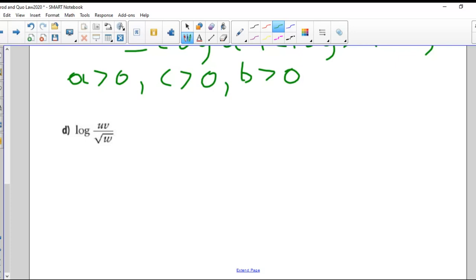If you need any help, you just ask, and we can certainly take you back and look at some questions from before. So u times v divided by the square root of w as a sum or difference.